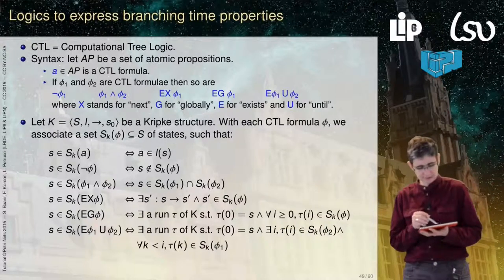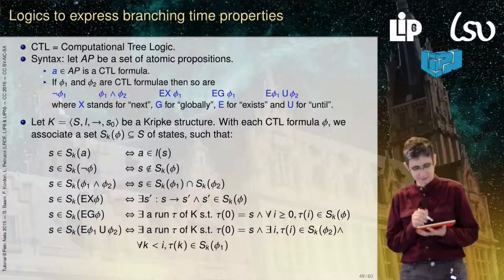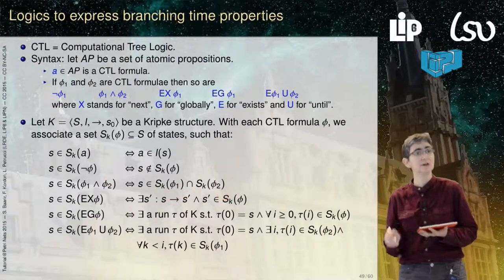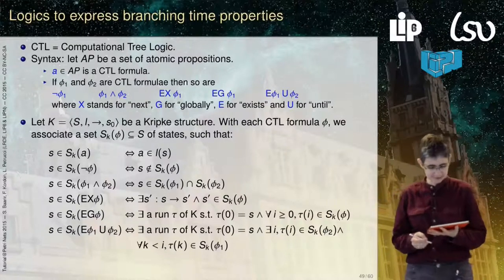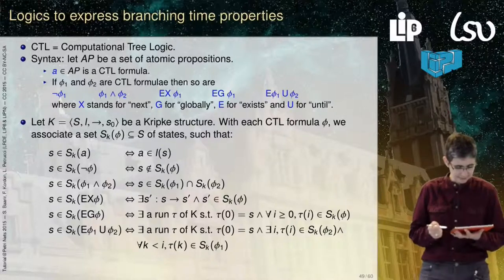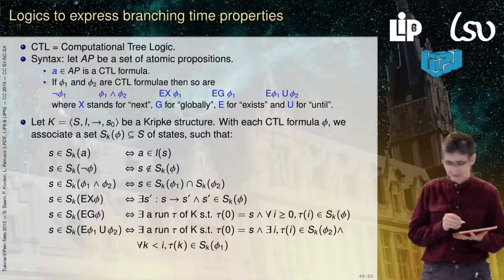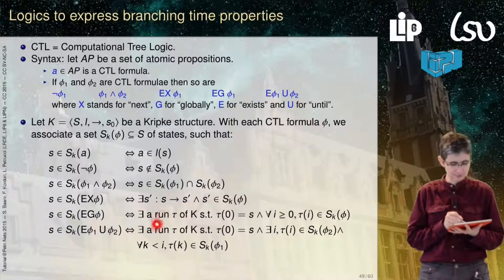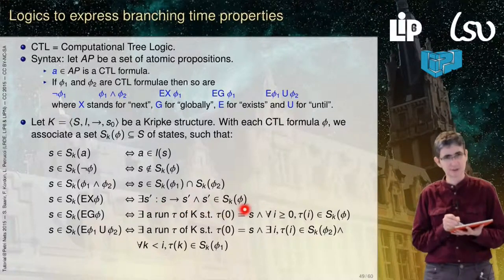It satisfies phi 1 and phi 2 if it satisfies phi 1 and it satisfies phi 2, so it's in the intersection of both sets of states. A state S satisfies EX phi if there exists a state S prime that is a next state of S, so I have the possibility to go from S to S prime, where S prime satisfies formula phi.